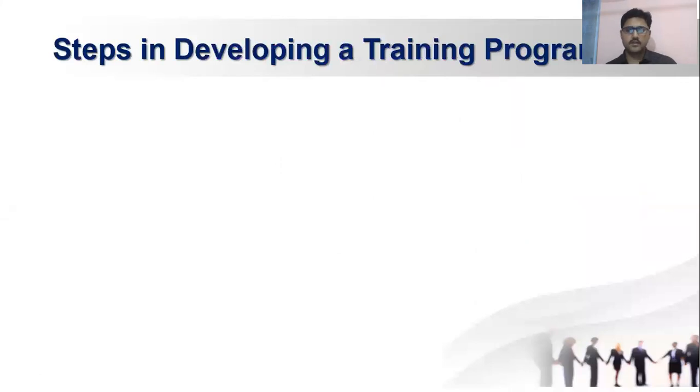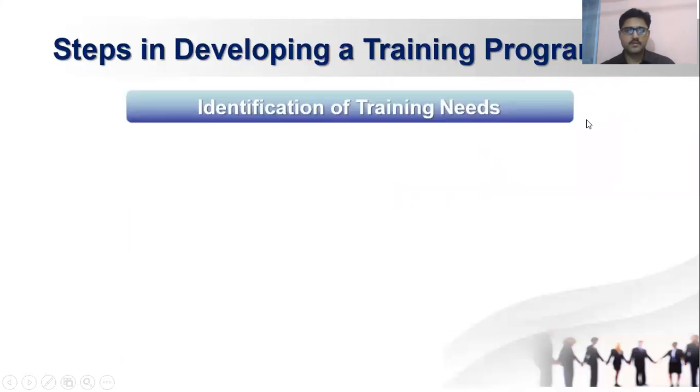So let us see first, what are the steps in developing a training program? What should be the appropriate steps to develop a training program? First is the identification of training needs. First thing first, we have to identify the training needs in an organizational context. So how to identify the training needs?